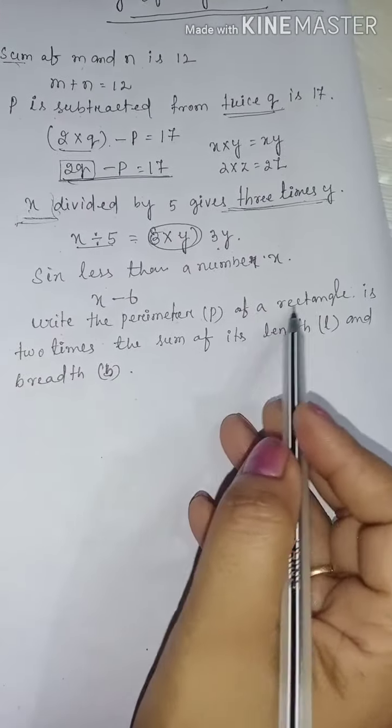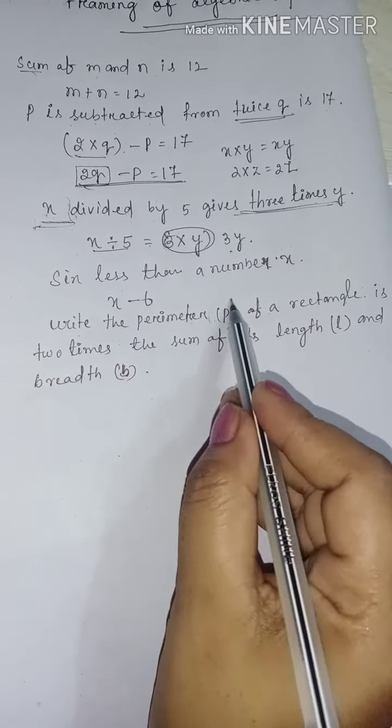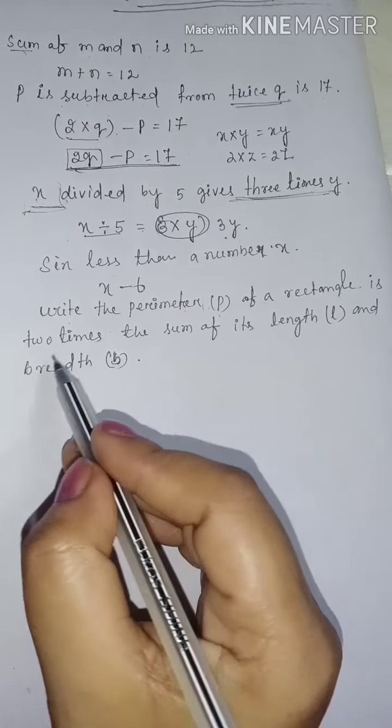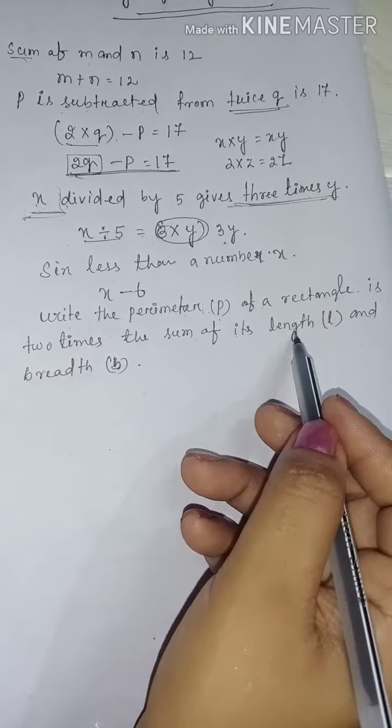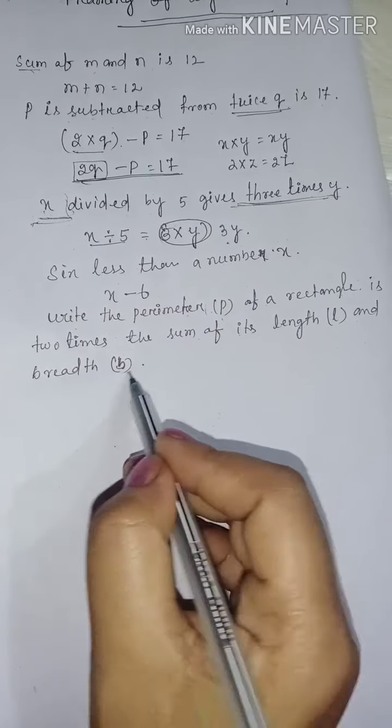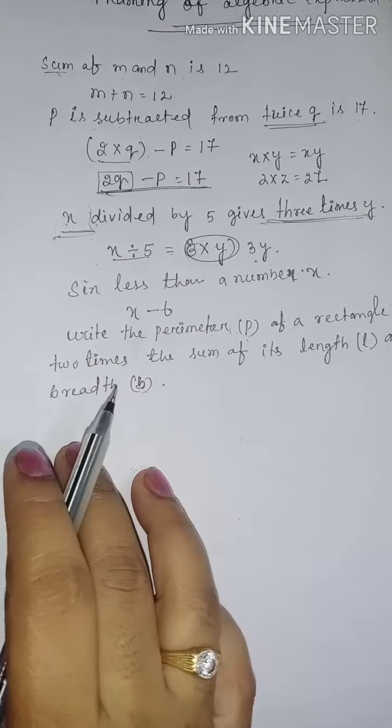Write the perimeter of a rectangle. Perimeter is taken as P, rectangle, 2 times the sum of its length and breadth B, whereas length is L and breadth is taken as B.